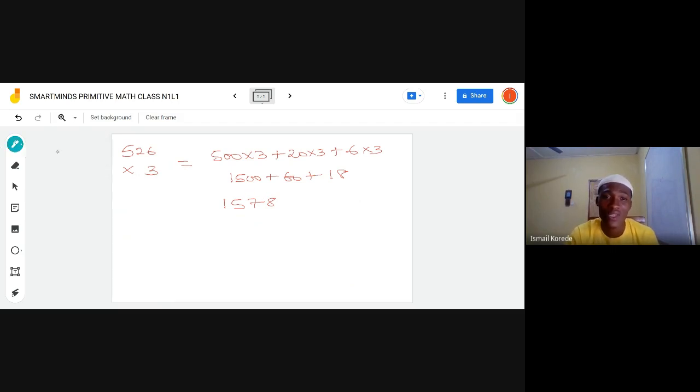Okay, let's take another example. You can actually cross-check with this method and see if you are correct. I have 2173 times 5. Let's decompose: 2000 times 5 plus 100 times 5 plus 70 times 5 plus 3 times 5. 5 times 2000, that's 10,000. 5 times 2 is just 10, then you add the 3 zeros. 5 times 100 is 500.